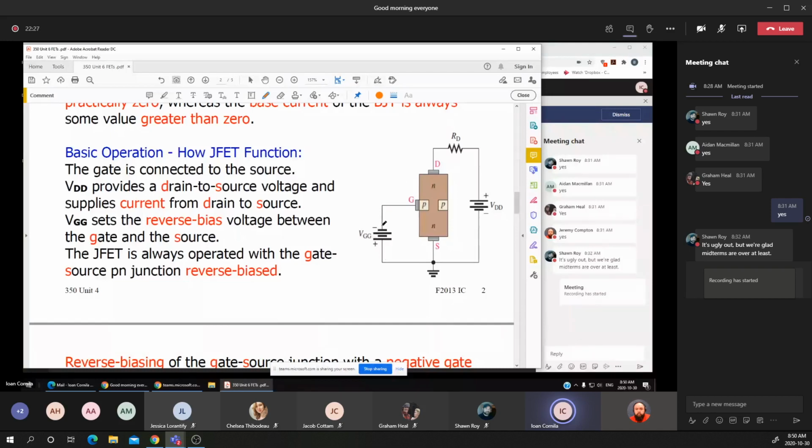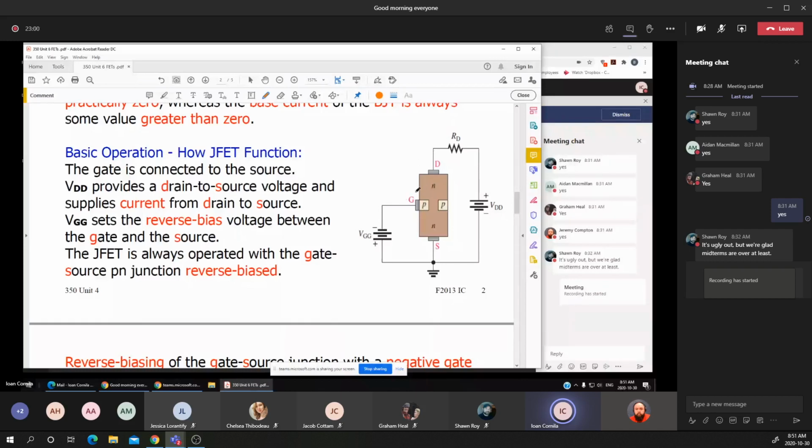Once we apply the negative gate-source voltage on the gate terminal, you notice that I have two voltages, and both junctions are in reverse bias, but the voltage between the gate and the source is smaller than the voltage between the gate and the drain.